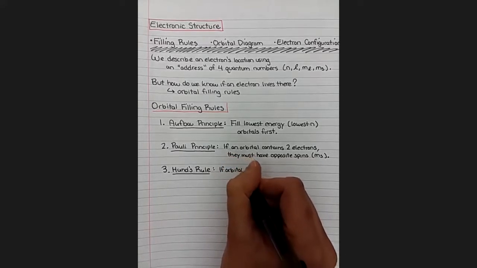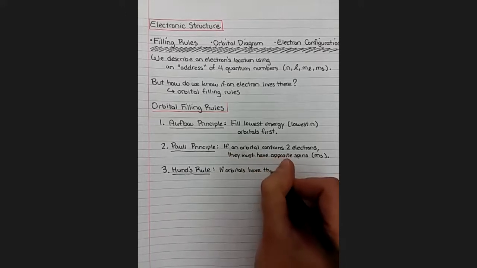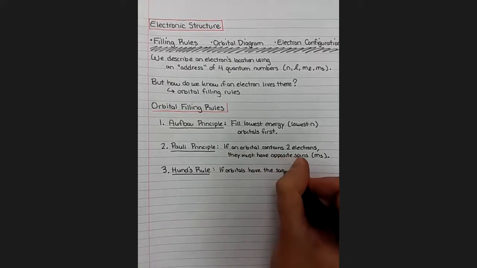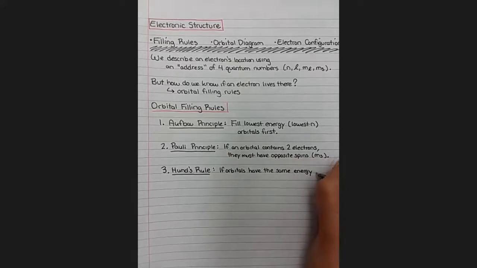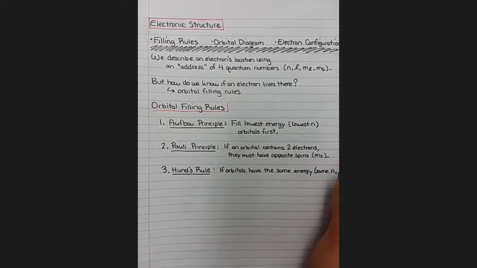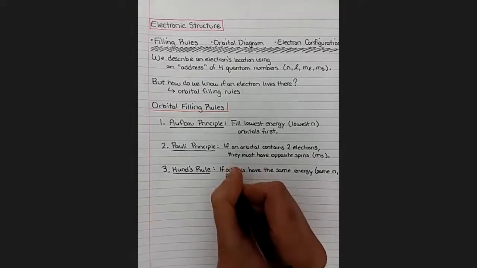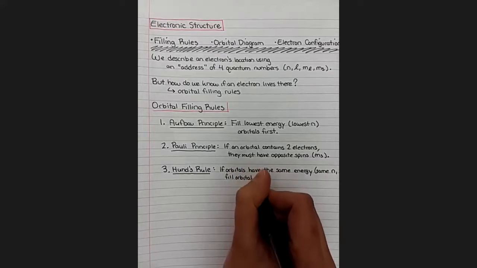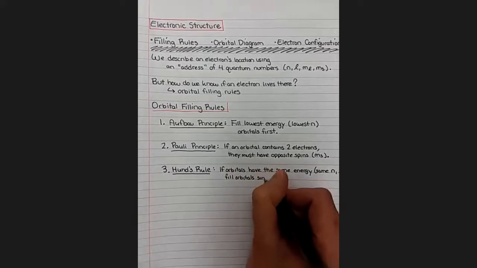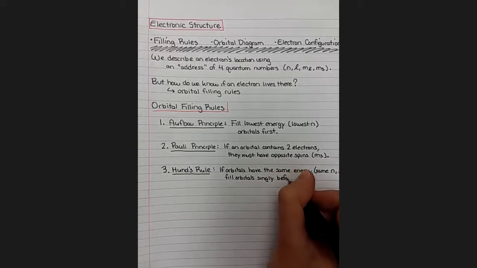So it says, if orbitals have the same energy, and remember, if they have the same energy, that means they have the same value for n and the same value for l, the rule is that we fill the orbitals singly, or one at a time, before doubling up.